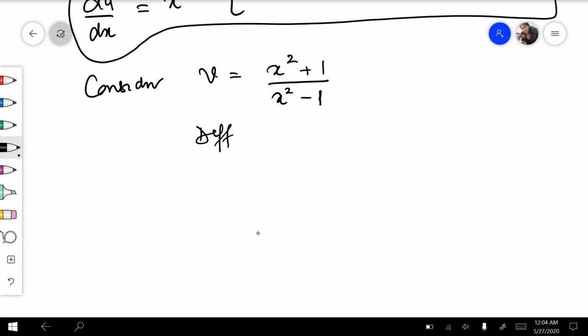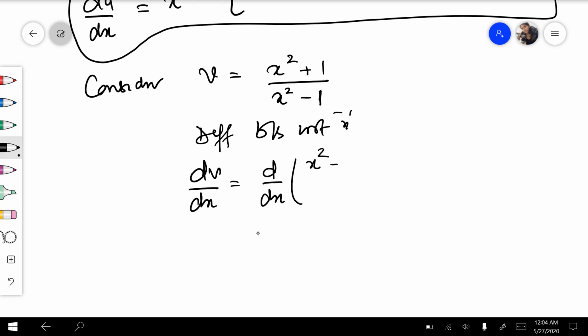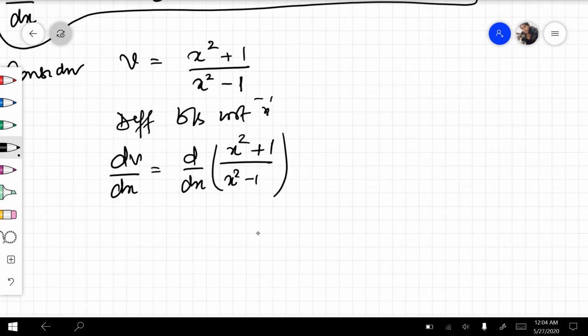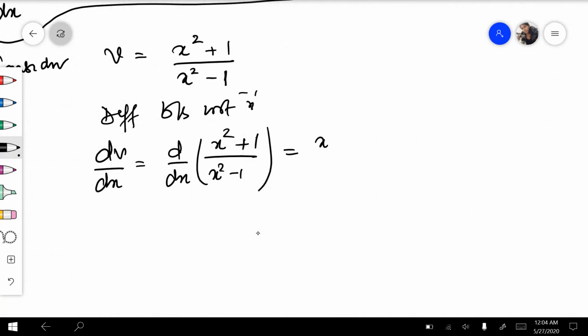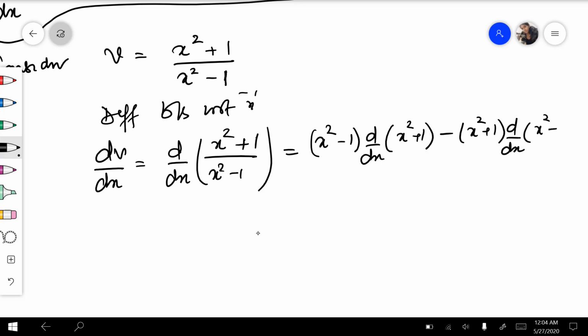Differentiate both sides with respect to x. Then dv upon dx is equal to d by dx of x square plus 1 upon x square minus 1. By quotient rule, this equals denominator into derivative of numerator minus numerator into derivative of denominator upon x square minus 1 whole square.